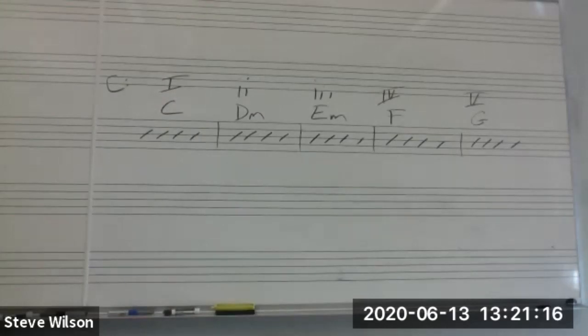I ended on the 5, and as you can hear, there's a good deal of tension that your ear wants to go back. Once again, 1, 2, 3, 4, 5.